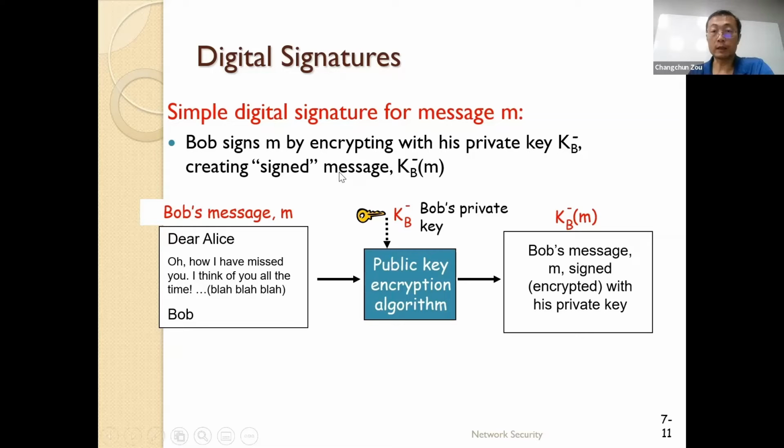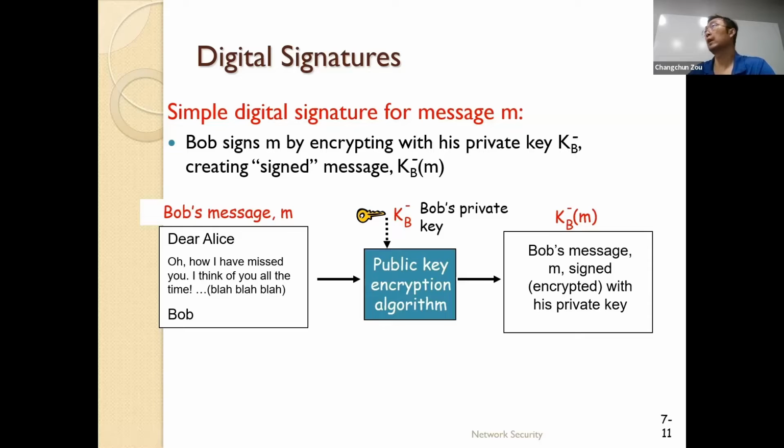Then this contract, basically a message, is signed by using the private key. So if Bob sends out a message, Bob can use his private key to sign this, to encrypt this message sent to Alice. And remember this KB minus M is just a signed document.